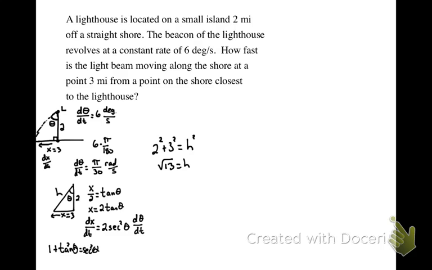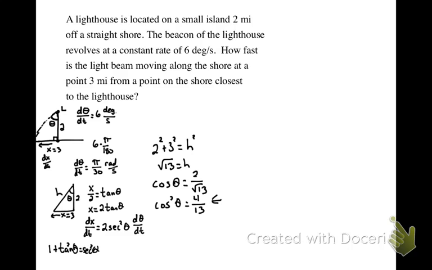So that means that the cosine of theta, since it's adjacent over hypotenuse, would be 2 over root 13. And this means that cosine squared of theta equals 4 over 13. I probably would not think about the tangent secant Pythagorean identity, but I do think a lot about cosine and sine. So I'm going to use this.